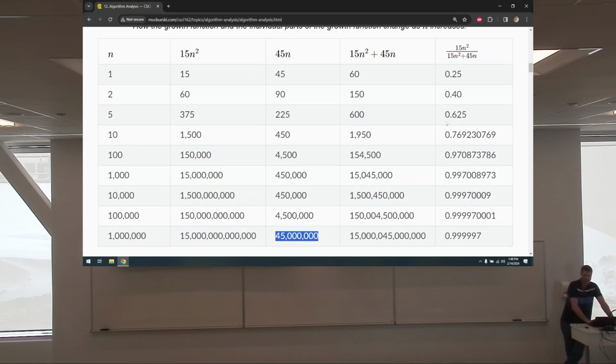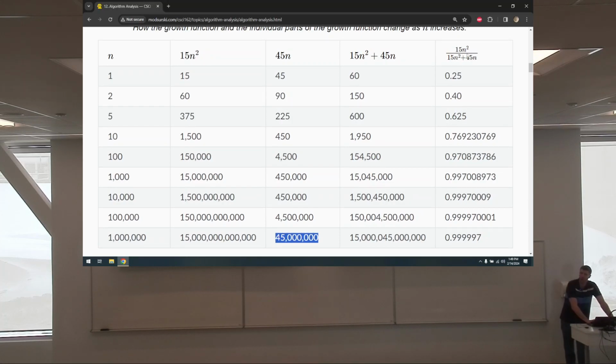In fact, if we were to take what proportion of the total work we could put the blame on the n squared part, that's what that last column is. And as n gets bigger and bigger, the n squared part takes up more and more of the total work. Look, when n is 1,000,000, the 15n squared accounts for 99.9997% of the total work.